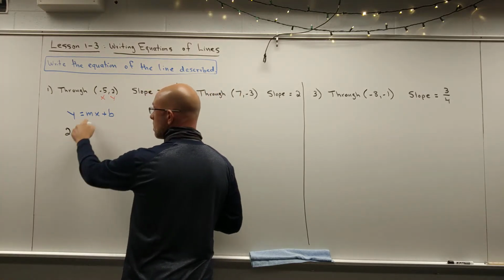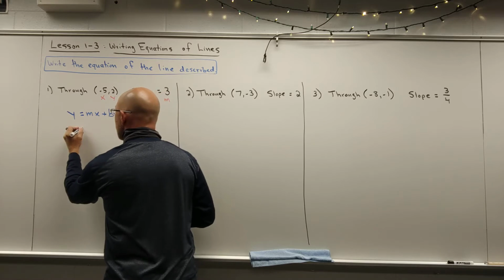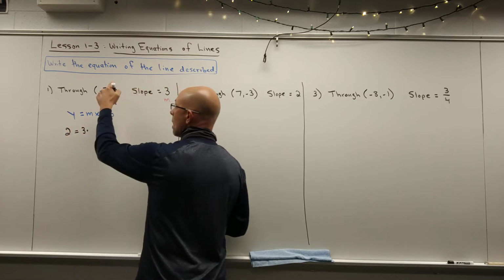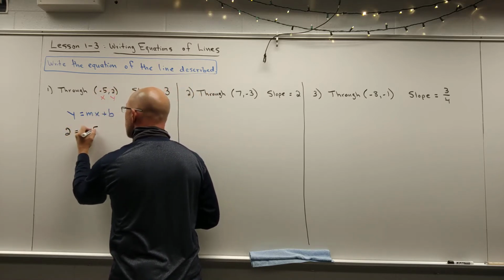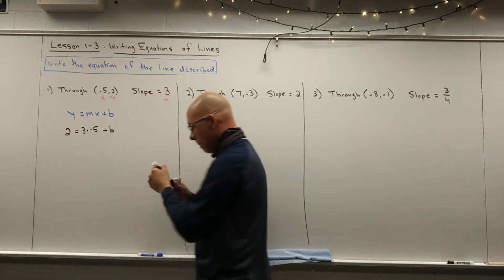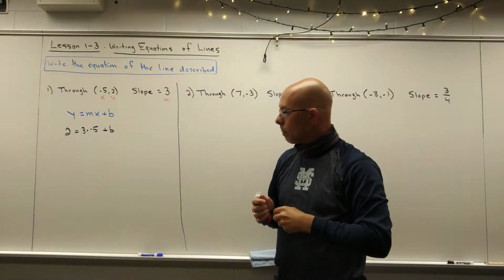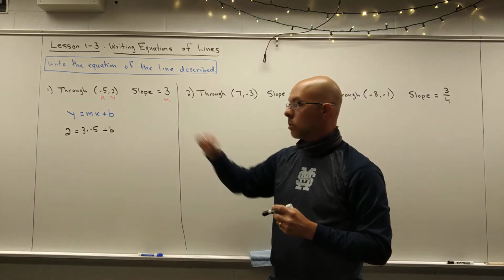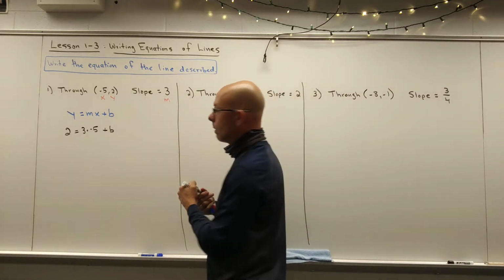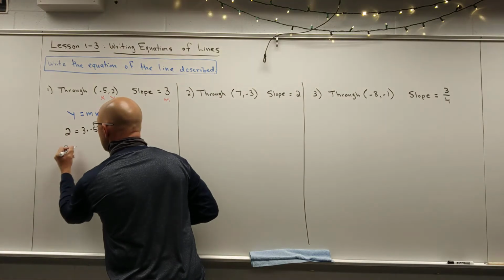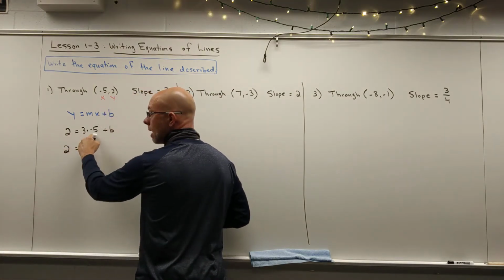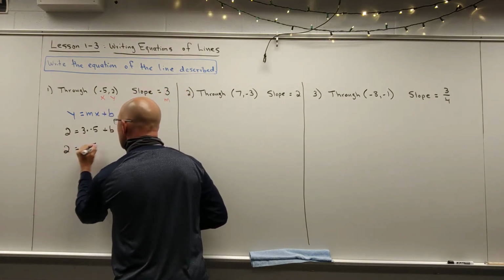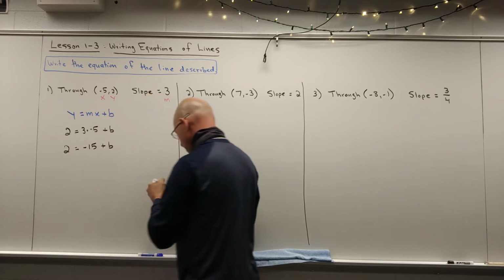So y equals m is 3, times x is -5, plus b. We are in the process of solving now for b. First thing after I substitute is multiply those m and x together. So 2 equals 3 times -5 is -15 plus b.